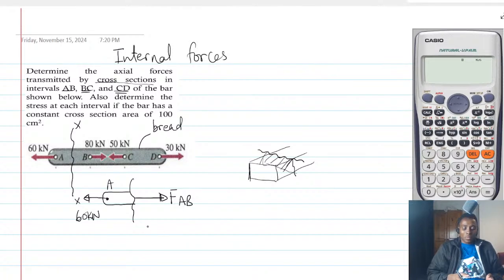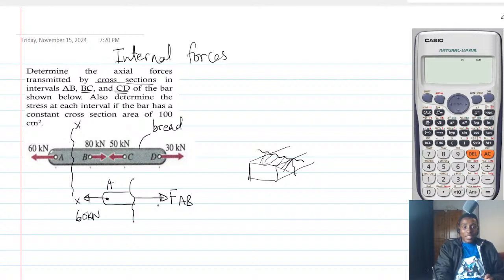So FAB means that if I stand between A and B and introduce a cut, then because of the cut, there is an internal force between A and B. That is essentially what it means.